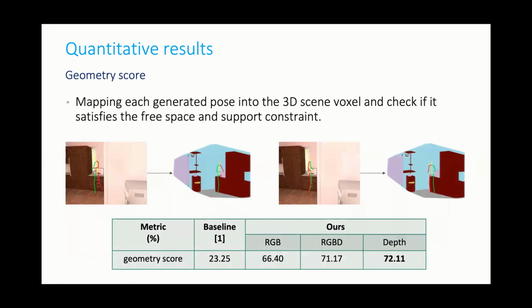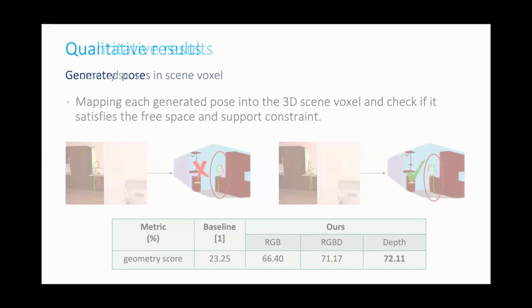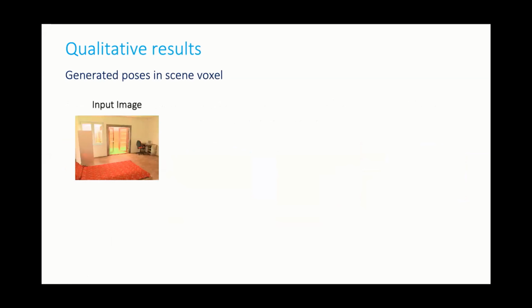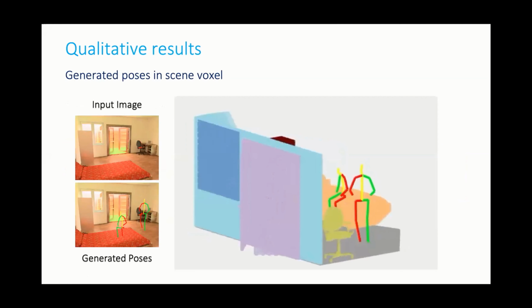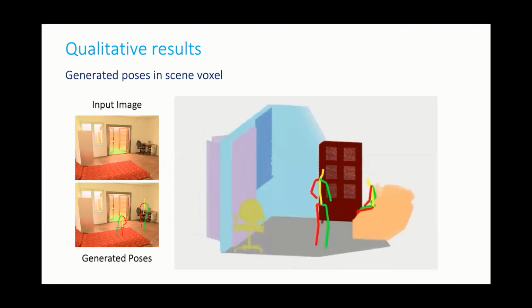Okay, I'll skip this, and I have a few minutes. Now these are some results to show that some are physically possible and some are physically impossible, because one of them interferes with the furniture and the other does not. These are some qualitative results.